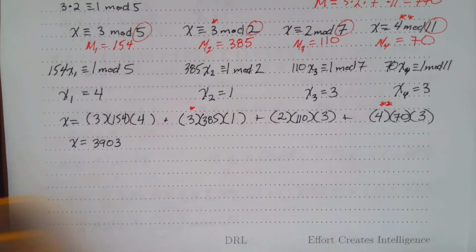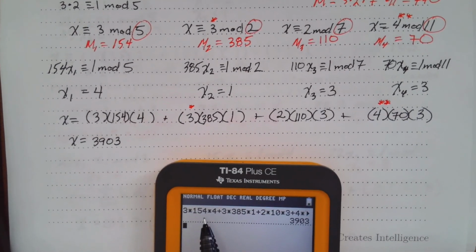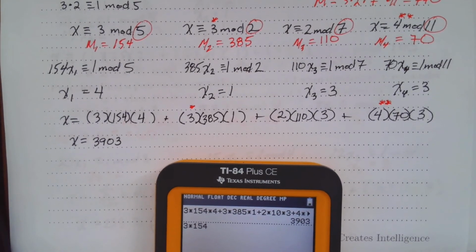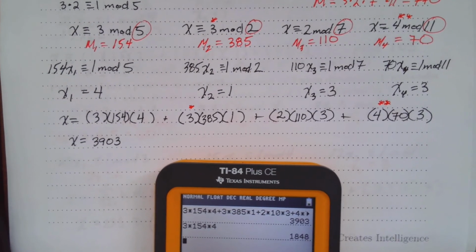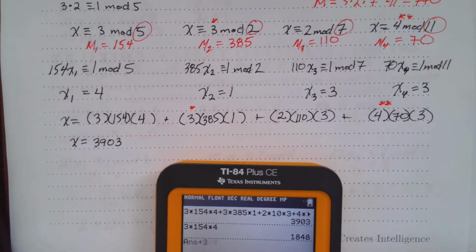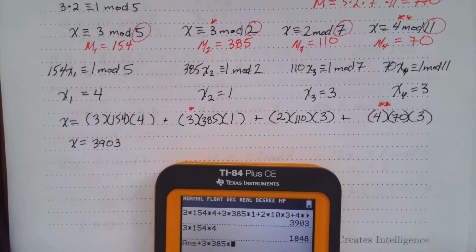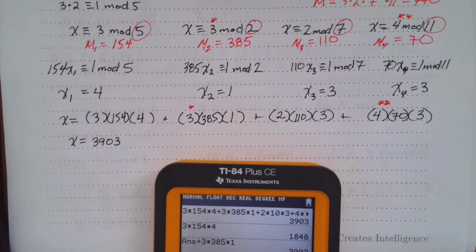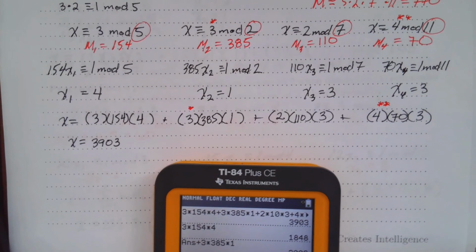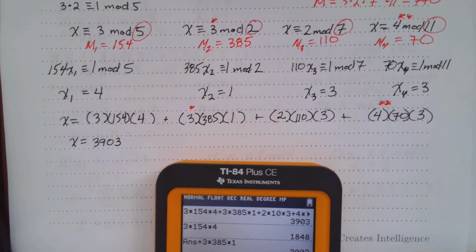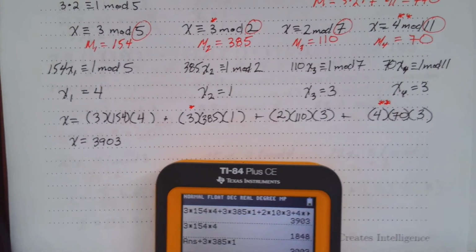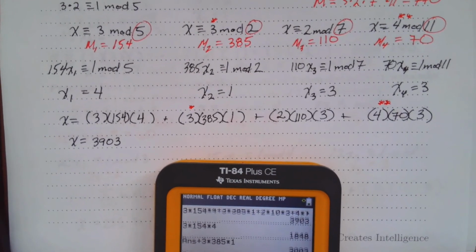Okay, and let's just double check. 3 times 154 times 4, that number, plus 3 times 385 times 1, plus 2 times 110 times 3, yes, plus 4 times 70 times 3.